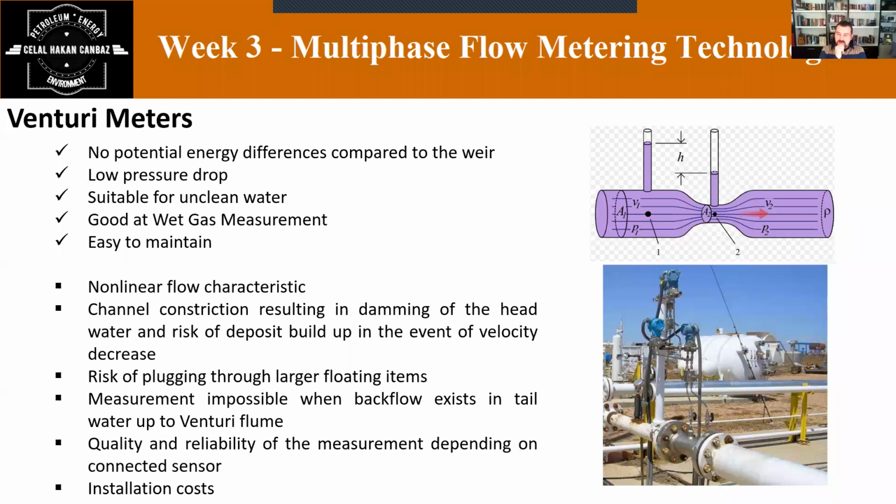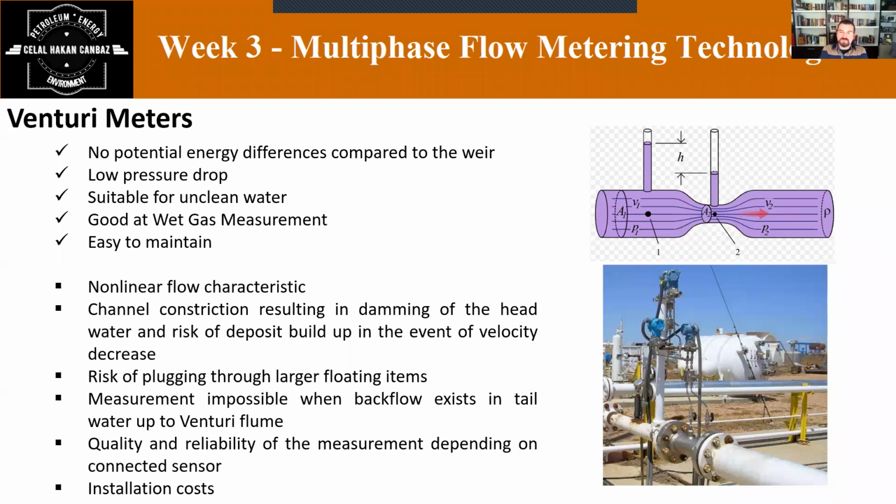The quality and reliability of the measurement, depending on the connected sensor, is another issue. The quality of connected sensors is one of the main issues as well. If you have a bad quality one, your error percentage can increase.